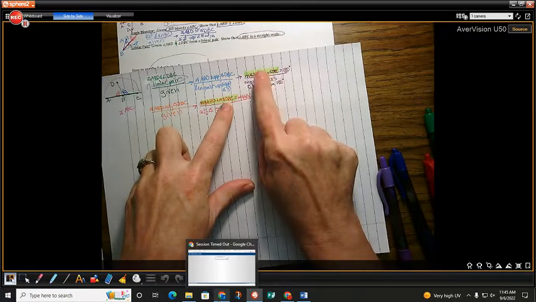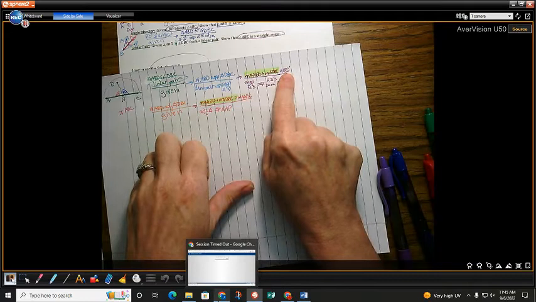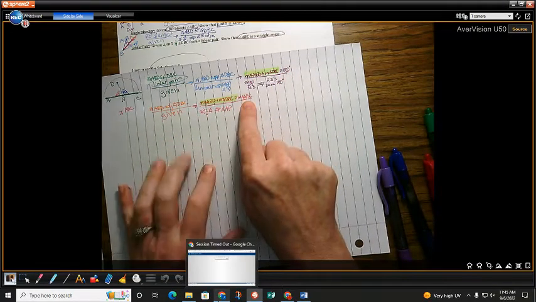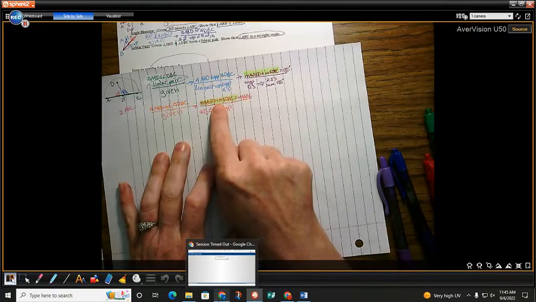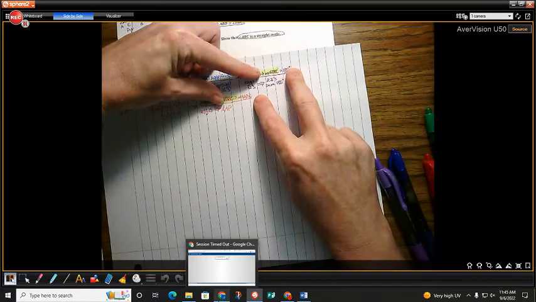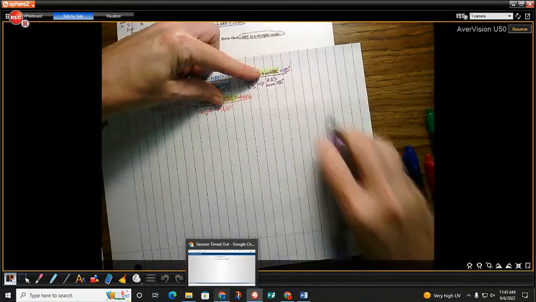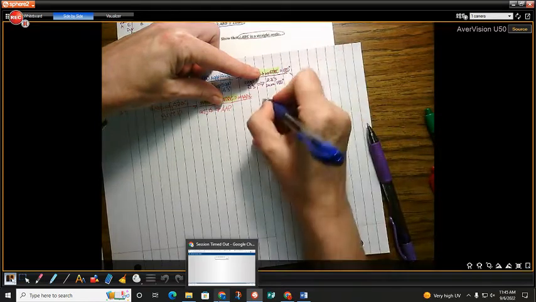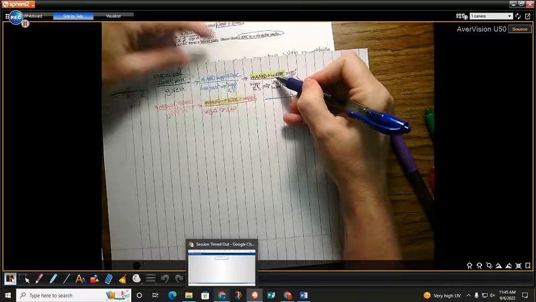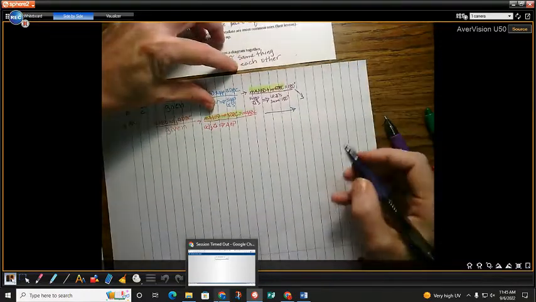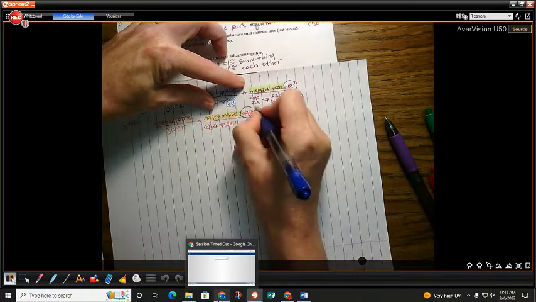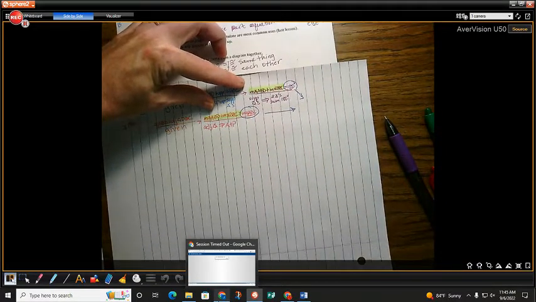And look, 180 equals that green chunk, and the measure of angle ABC equals the green chunk. I have two things equal to the green chunk. If two things are equal to the same thing, then they equal each other. So this 180 can equal this ABC.